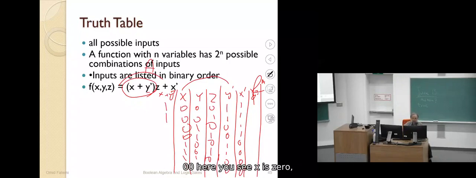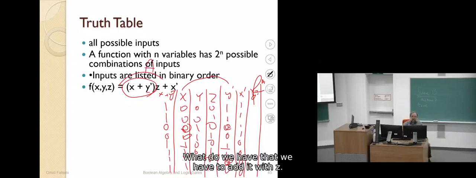Okay. 0, 0: here you see x is 0, y prime is 0, so the result is 0. Again 0, 0, 0. 1, 1: both of them are 1, so all would be 1. Again 1, 1 is 1. 1, 0, 0, 1, so again all would be 1. So this is x plus y prime.